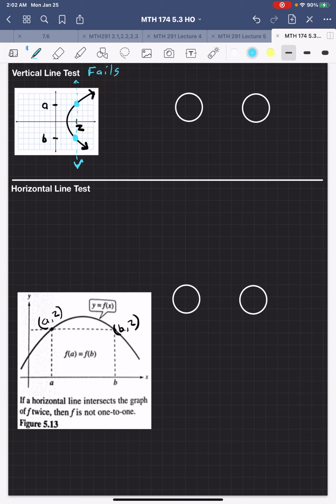And that is basically saying that this graph is not the graph of a function. Now, since this is not algebra 1, let's try to make sense of this. If you look at your graph, notice that your x input is z, and your y outputs are a and b. So this first point is located at z and then a, and this second point would be located at z and then b.